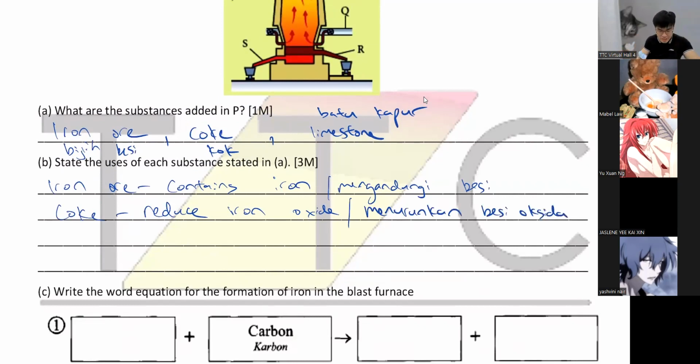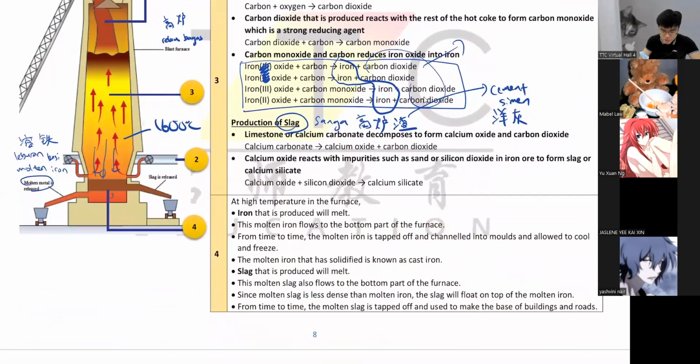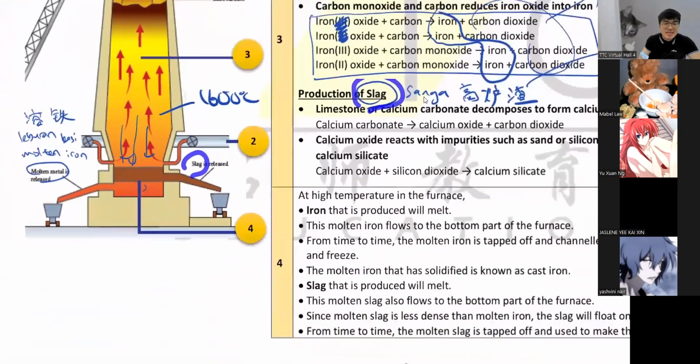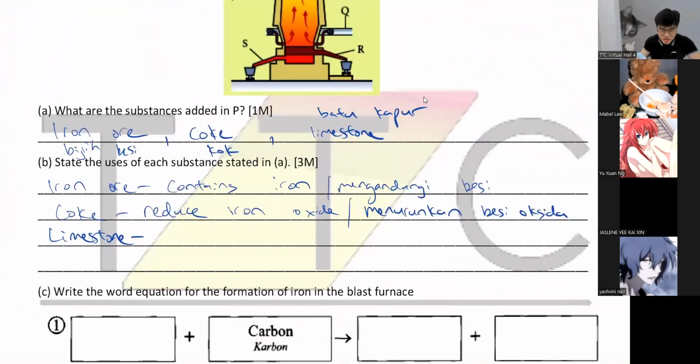And then, of course, just now you're asking, sir, what's the function of this limestone? Like I told you last week, limestone's job is to produce something called slag. Remember? Slag. We used to think that it's rubbish, but now we found out that slag can be used to make cement, as in the cement you use in construction.